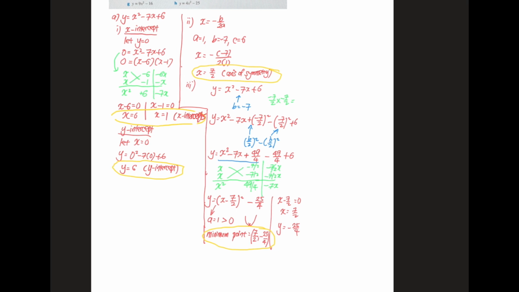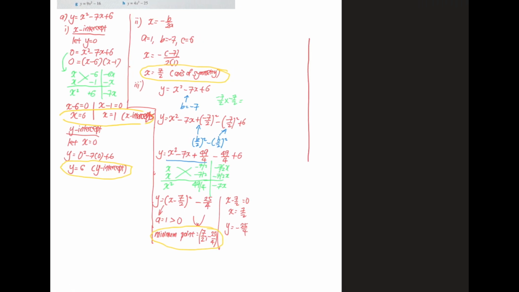Okay, now let's sketch the graph. So I sketch it here. I start with the minimum point. 7/2 is 3.5, so it's a positive value, so we go to the right. Then you have negative 25/4, which is negative 6 point something, so we have to go down.